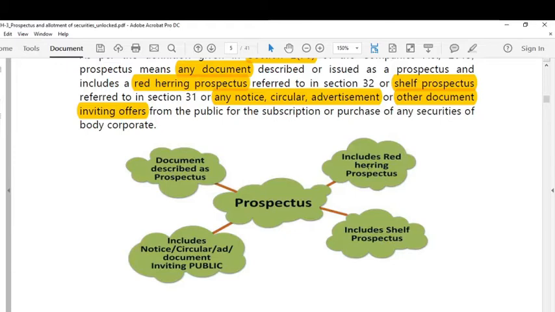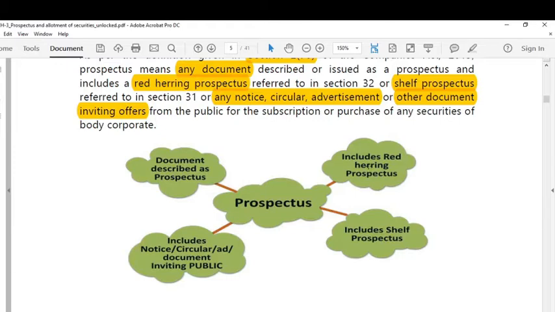The only difference is that a red herring prospectus consists of highlights of a prospectus. The salient features of a prospectus are embodied in the red herring prospectus, which is issued in advance. Let me give an example so that you can remember what is meant by a red herring prospectus in common man terminology.